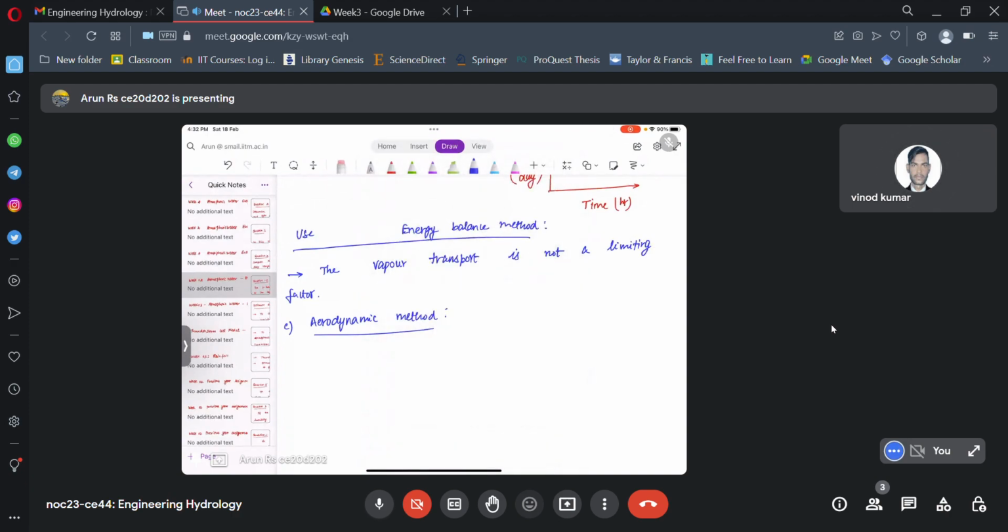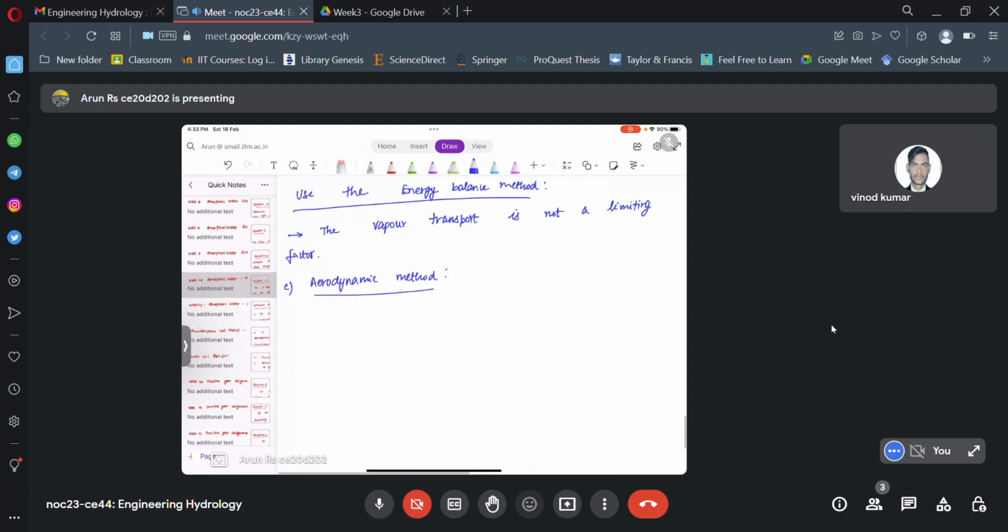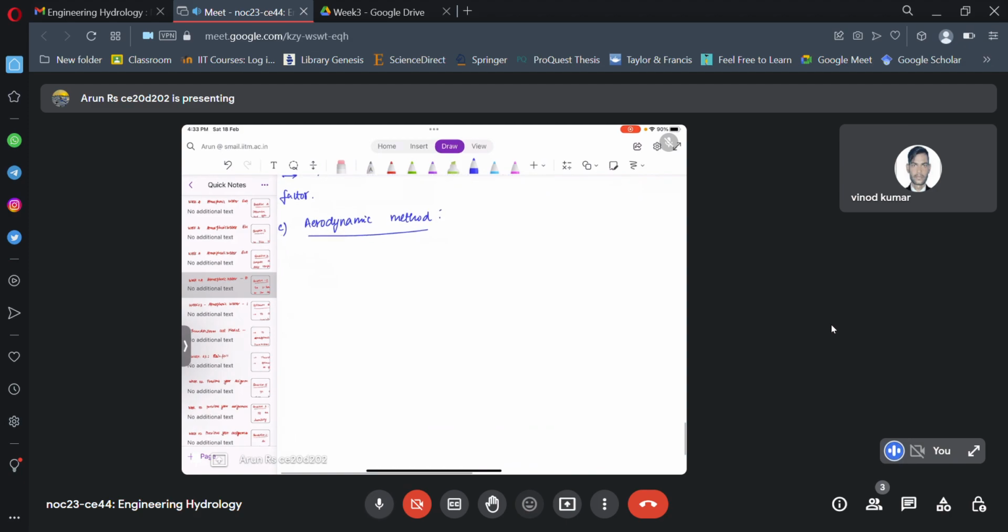So use the energy balance method when the vapor transport is not a limiting factor. So similarly, we can use aerodynamic method when the energy is not a limiting factor.